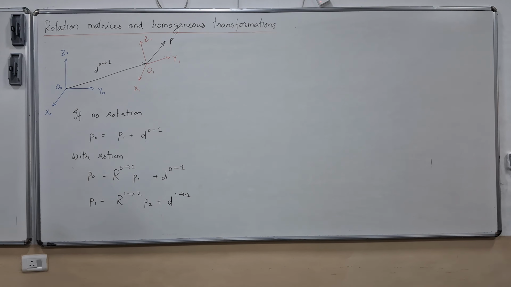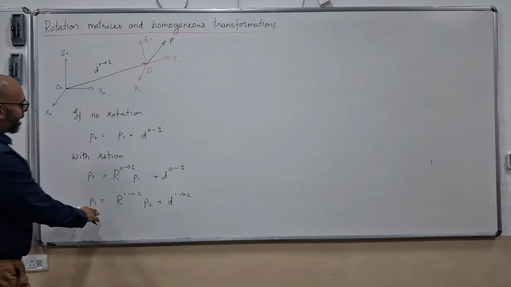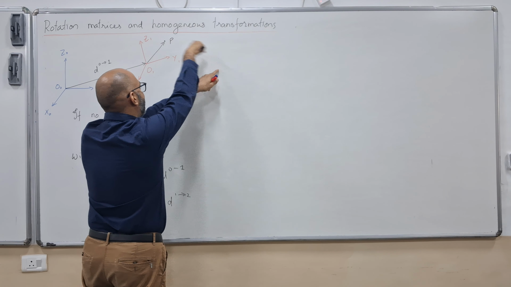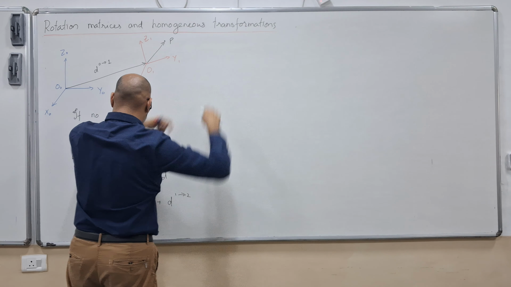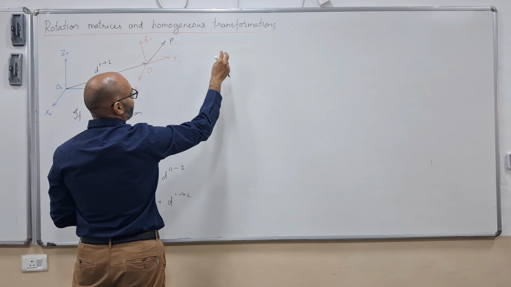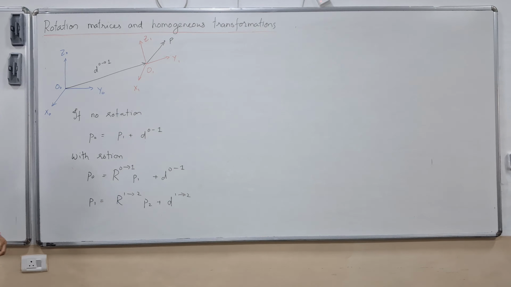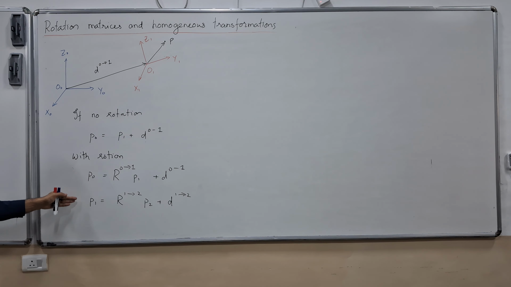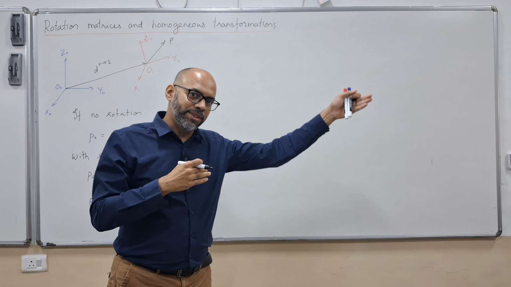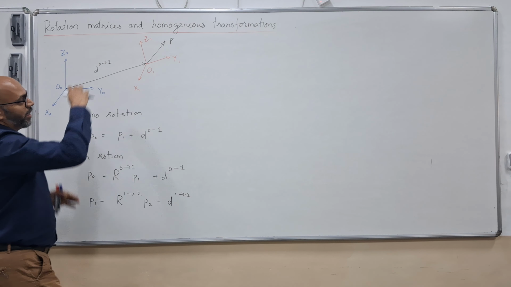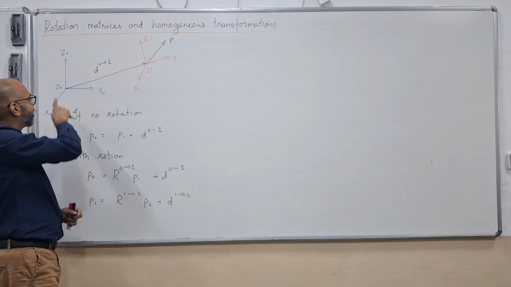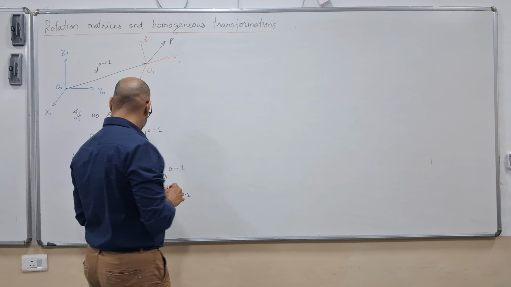There will be too much information on the board, but essentially if there was another translation and another rotation and then this P is still written in terms of the new frame, then this would be the relationship between coordinates of P in the new frame versus the older frame, right? Now if I think of, just like we did in rotation matrices, a sequence of these and how do I relate the newest set of coordinates to the first set of coordinates or the base frame, right, the initial frame.